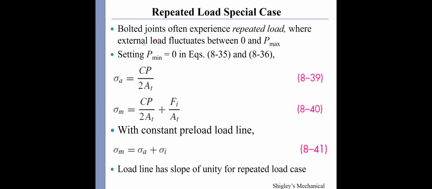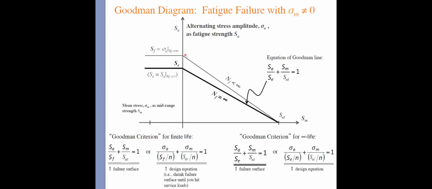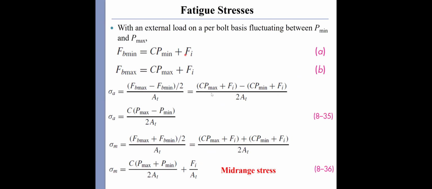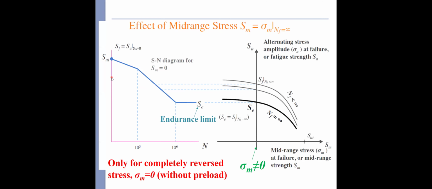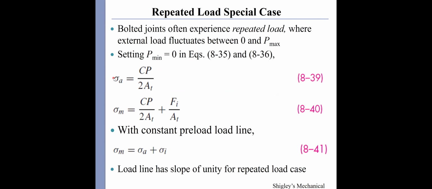If we set the minimum external force equal to 0, then we can get sigma A, the alternating stress, and the mean stress. For this case, we're just discussing the fluctuating stresses or force between 0 and Pmax.